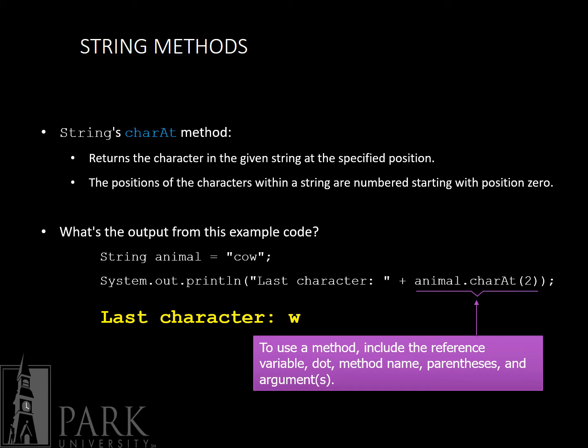Because the letter C is going to be 0, O is going to be 1, and W is going to be 2. So when we say last char, or charAt 2, it's going to be the W in cow. And if you didn't get it, or don't trust this, go ahead and write a quick program to test it out.